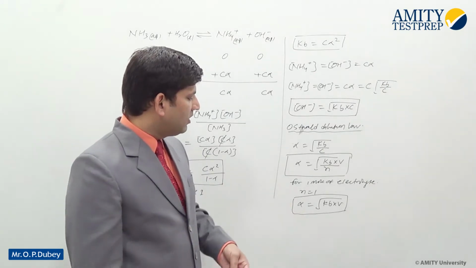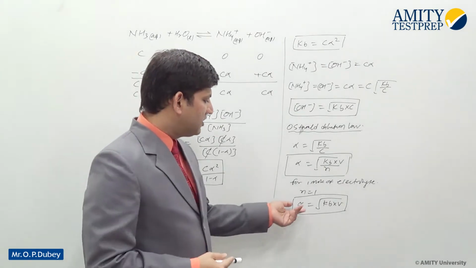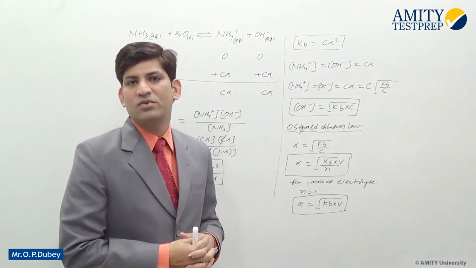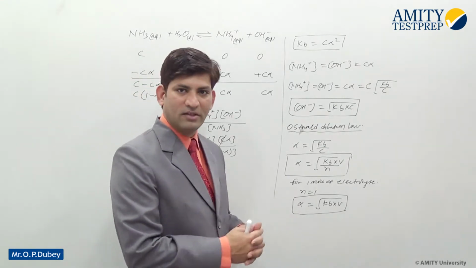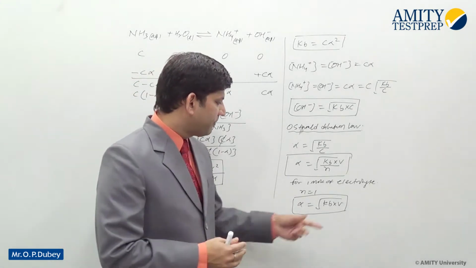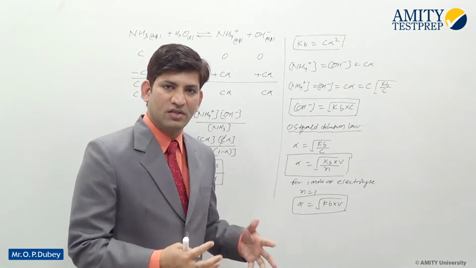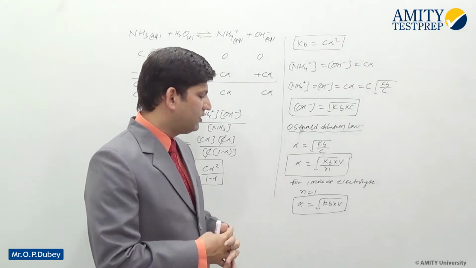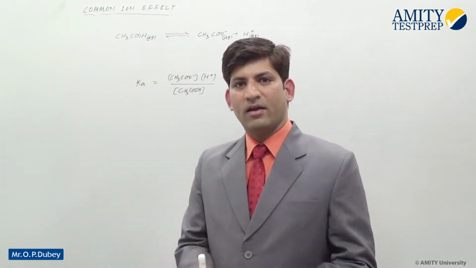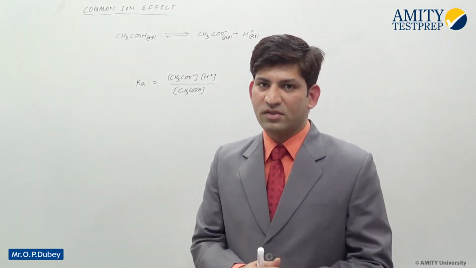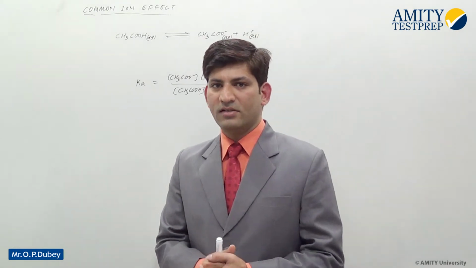The alpha, the degree of dissociation, the extent of dissociation, is directly proportional to the square root of the volume of solution containing 1 mole of electrolyte. We can also say, if the solution is diluted, then the degree of dissociation increases.